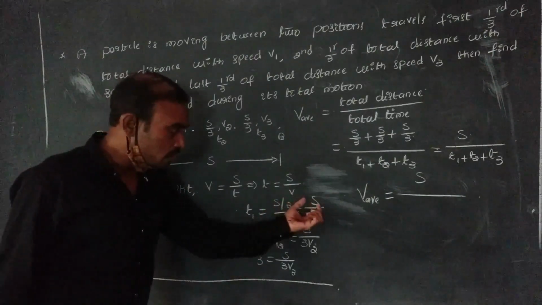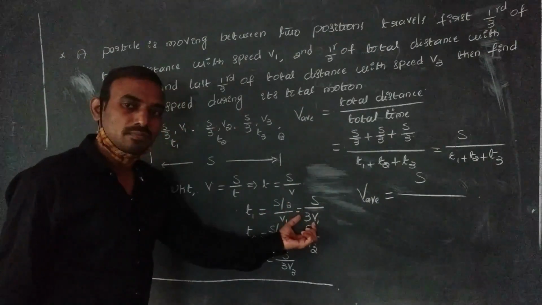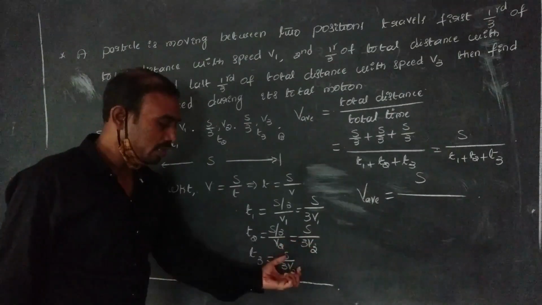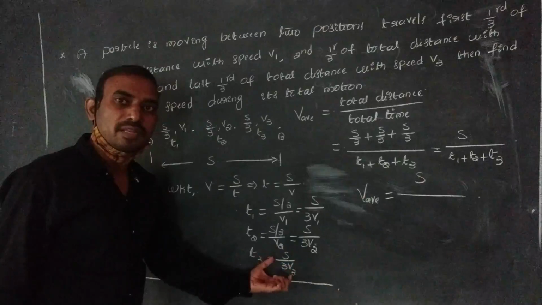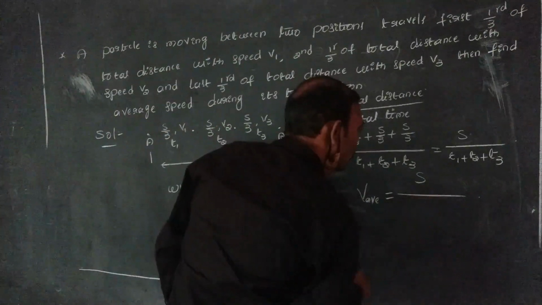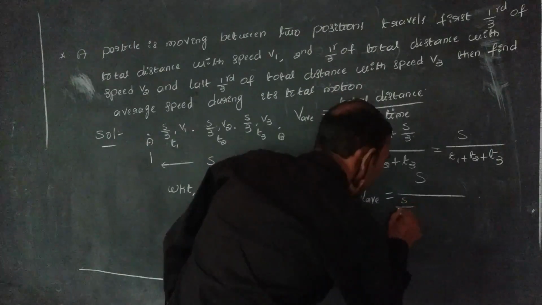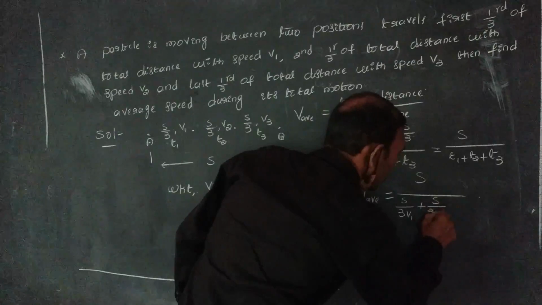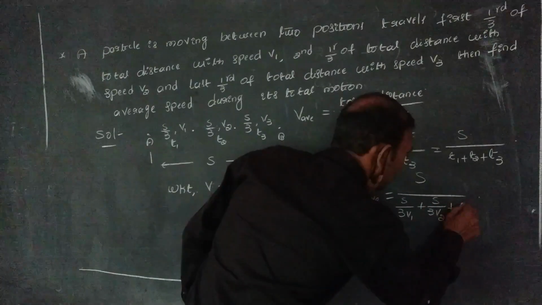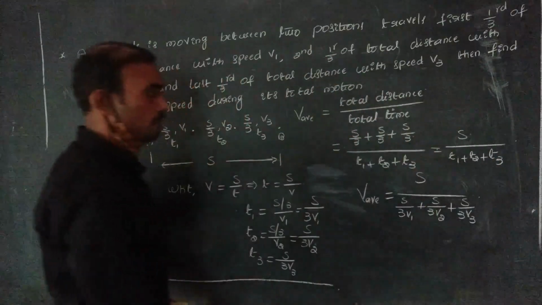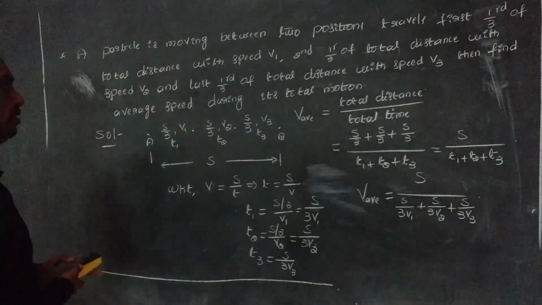Substituting, t1 is S by 3 v1, plus t2 S by 3 v2, plus t3 S by 3 v3.